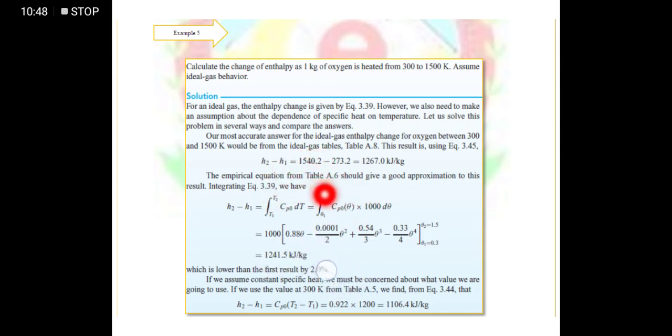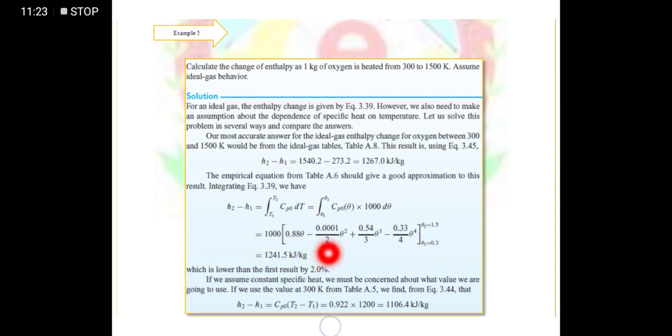When we replace dT with the change of theta, that change of theta should be multiplied by 1,000 based on table A.6. After integrating, we substitute the limits, which we also get from table A.6. Please check it as well. Then we get the final value, which is 1241.5 kilojoule per kilogram.